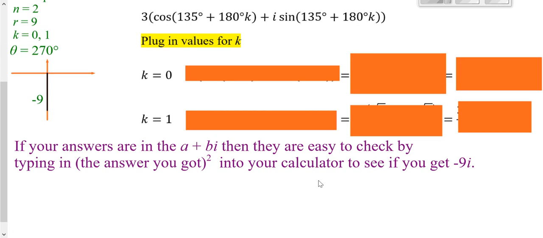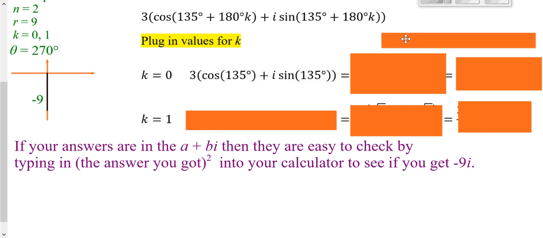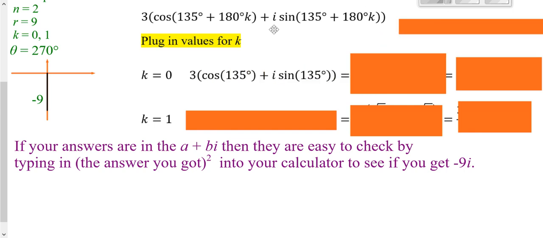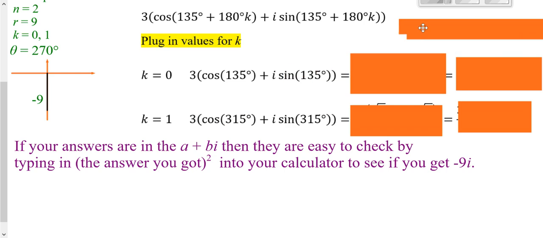Now that it's simplified, I would go ahead and start plugging in values of k. If k is 0, we get an angle of 135 degrees. If k is 1, you'd have 180 plus 135, which is 315 degrees.